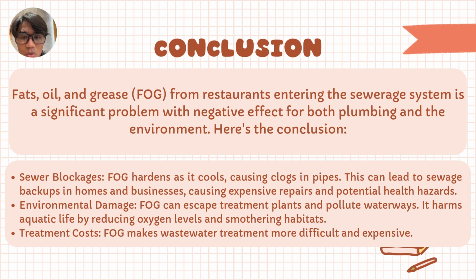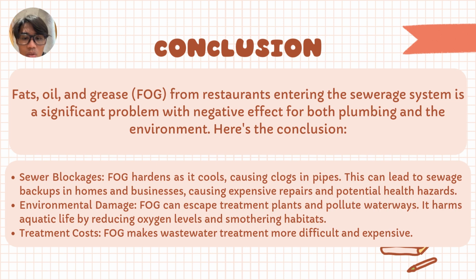Firstly, sewage blockage. FOG hardens as it cools, causing clogs in pipes. This can lead to sewage backup in homes and businesses, causing expensive repairs and potential health hazards. Secondly, environmental damage. FOG can escape treatment plants and pollute waterways.